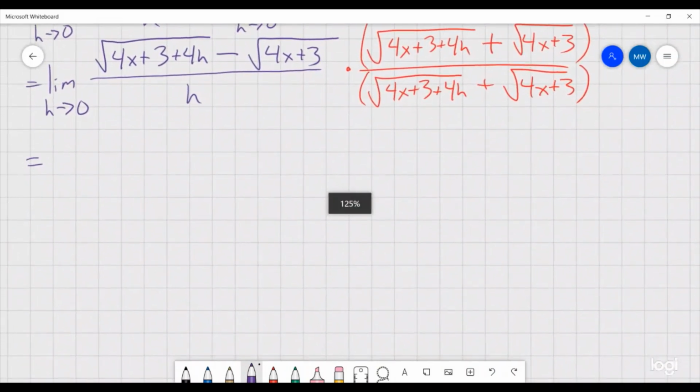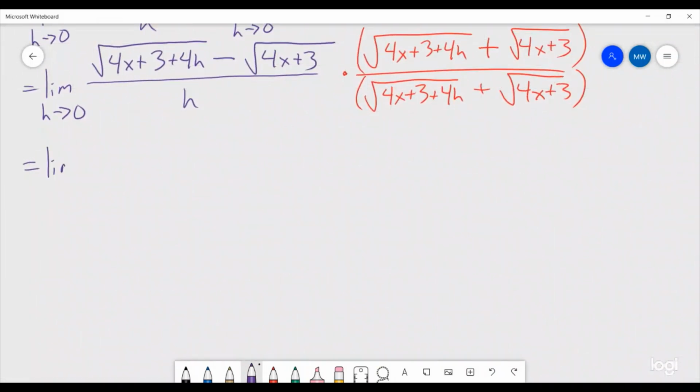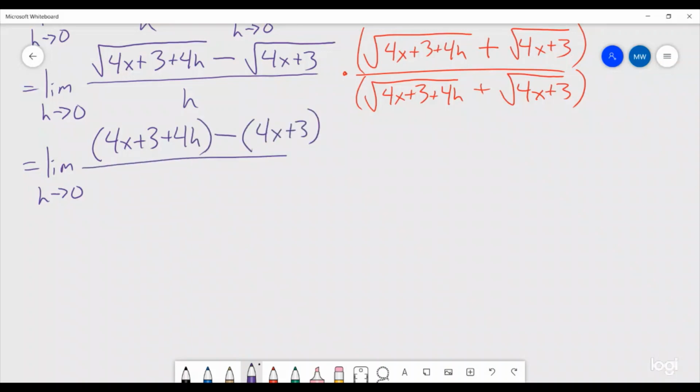So this becomes the limit as h goes to 0 of (4x plus 3 plus 4h) minus (4x plus 3), all over h times (the square root of 4x plus 3 plus 4h, plus the square root of 4x plus 3).